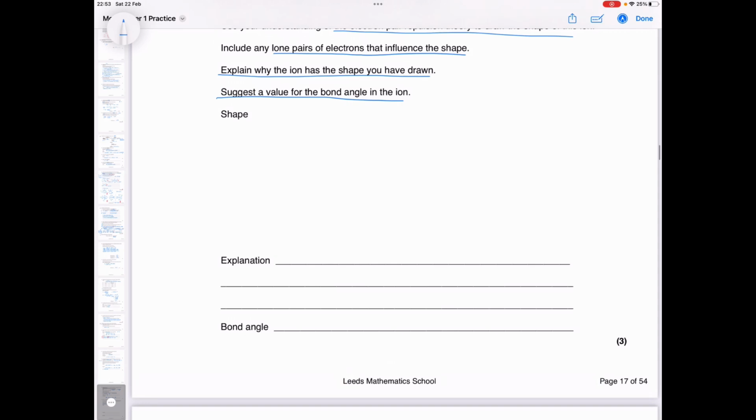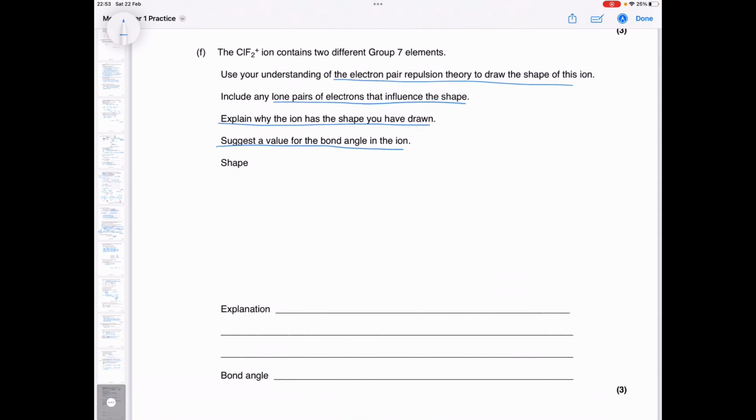Okay, so let's have a look then. Cl is the central atom and it has 7 electrons. Fluorine brings 2, 1 for each bond, and the positive charge means we need to remove an electron overall. So the total number of electrons is 7 plus 2 minus 1, which is 8.